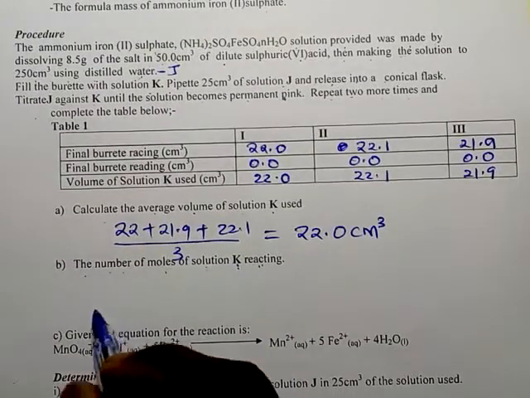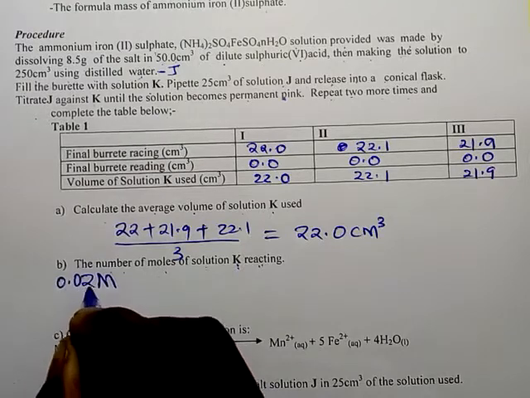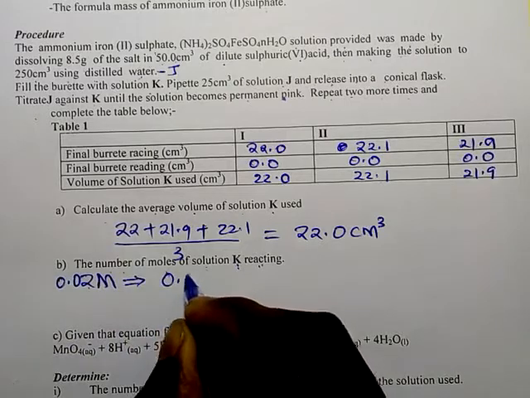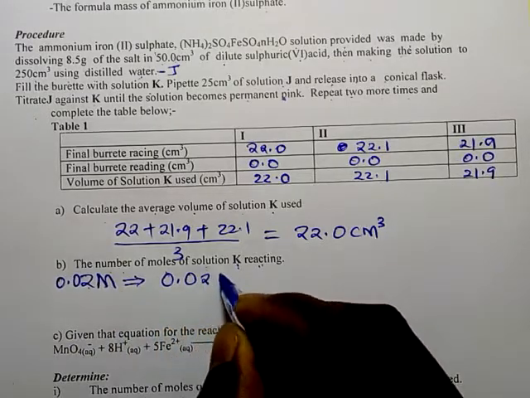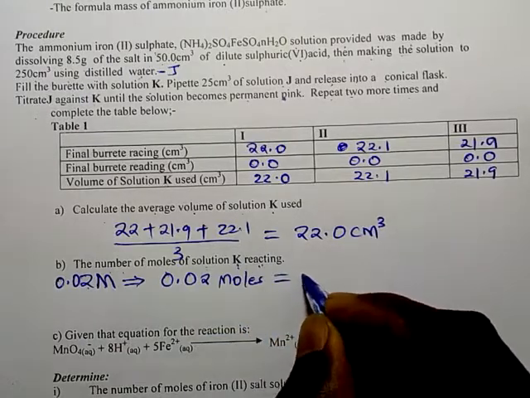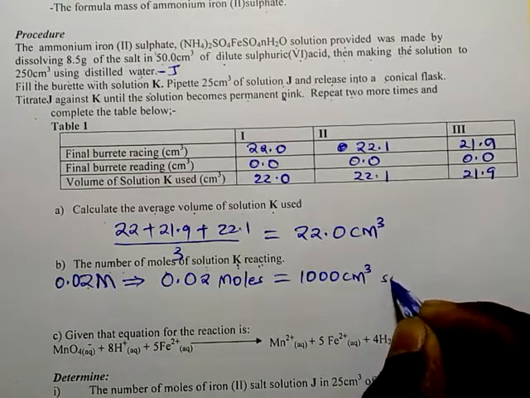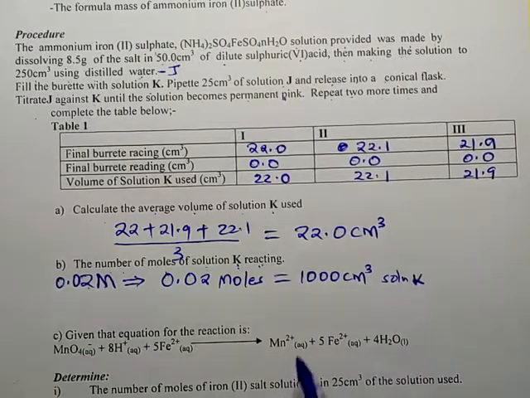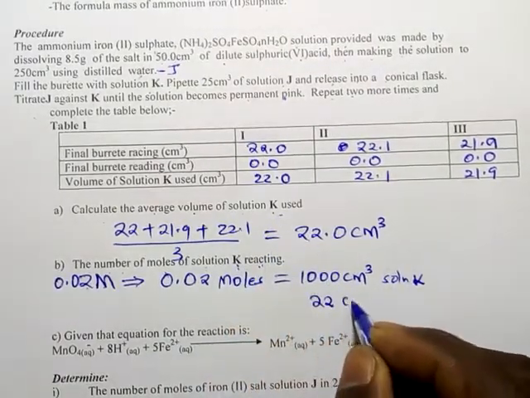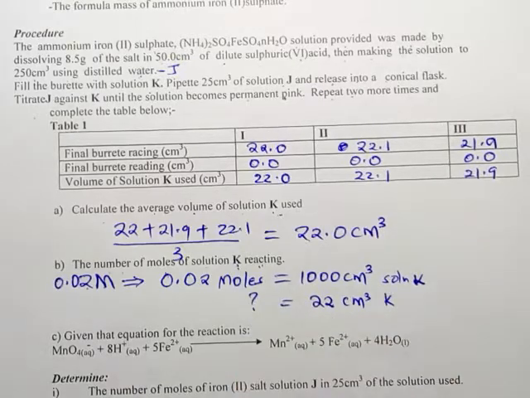So we say that 0.02 molar implies that 0.02 is the number of moles contained in 1,000 cm³ of solution K. Because the volume used is 22 cm³, K will contain how many moles?